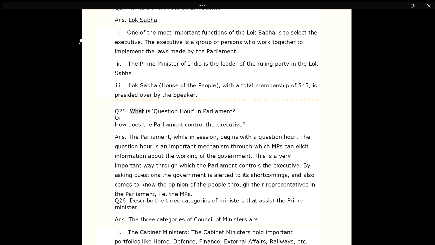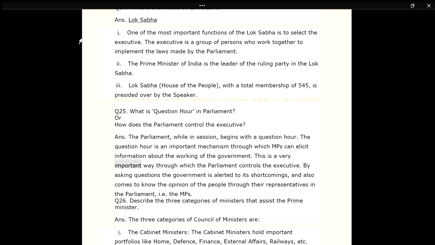Q25. What is in Parliament? Or, how does the Parliament control the executive? Ans. The Parliament, while in session, begins with a questionnaire. The questionnaire is an important mechanism through which MPs can elicit information about the working of the government.